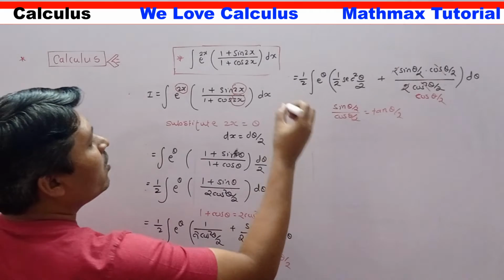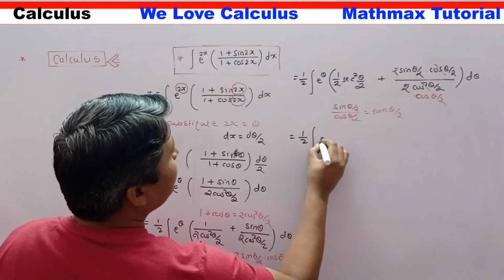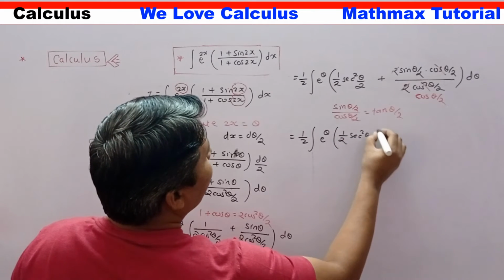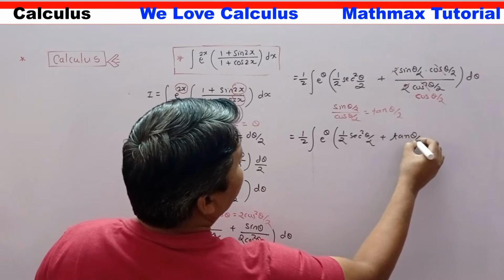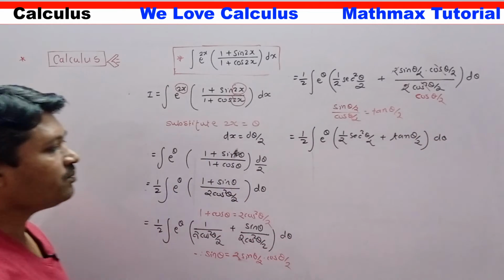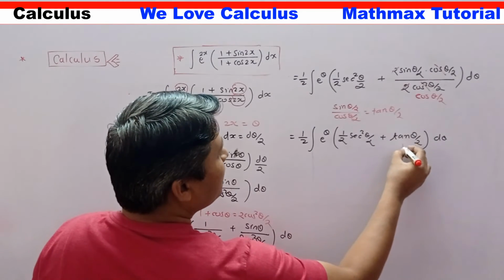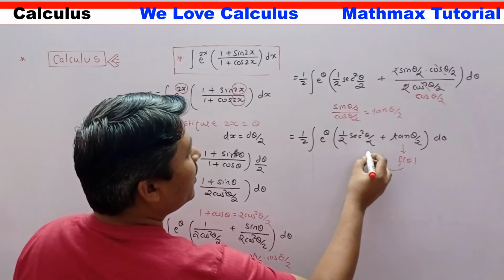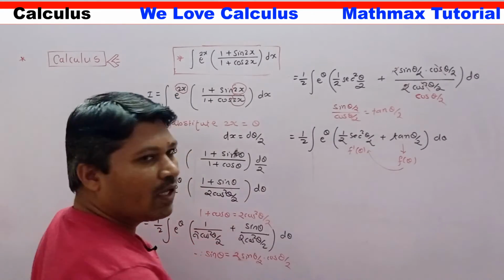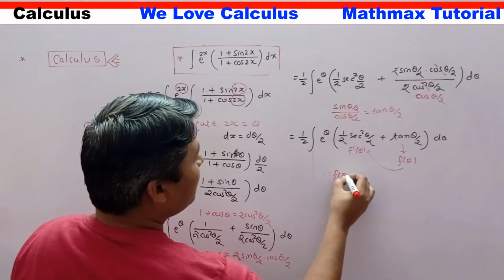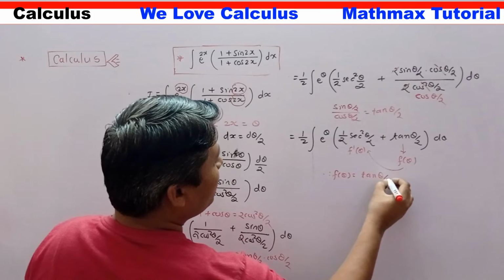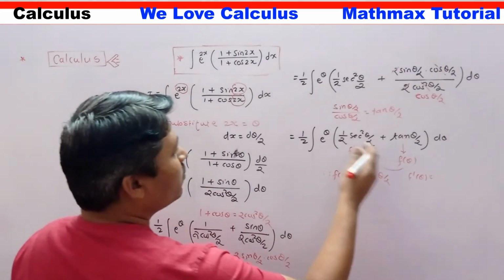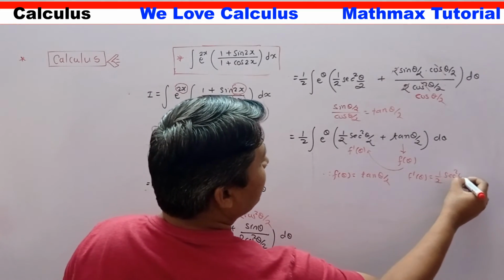Therefore the integral becomes 1 by 2 integration of e raised to theta times (1 by 2 sec square theta by 2 plus tan theta by 2) d theta. Now suppose f of theta is tan theta by 2; its derivative f dash theta is 1 by 2 sec square theta by 2.